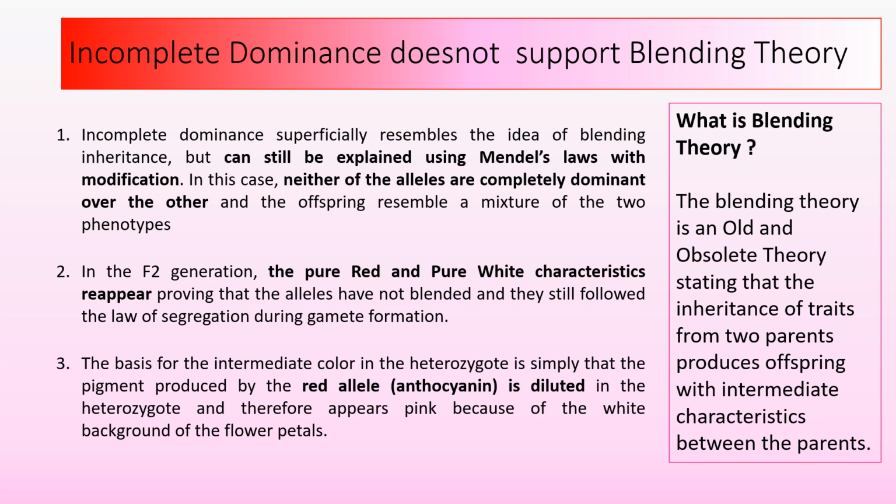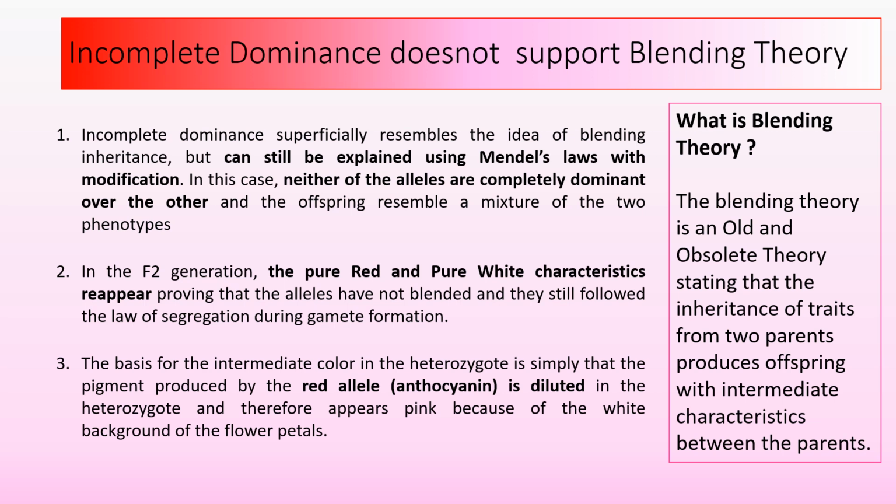There was a thought some time ago that incomplete dominance supports the blending theory. Now what is the blending theory? This is an old and obsolete theory which believed that in the inheritance of traits from two parents, the offspring produce intermediate characteristics resulting from the blending of the parental characteristics.